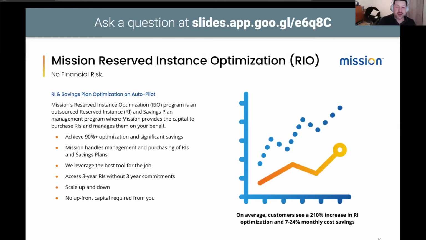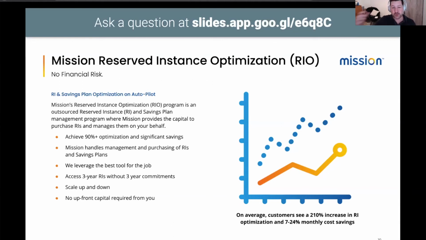Yeah, and the other thing I'll note is a lot of it comes down to risk and commitment and cost, right? So most customers that we encounter are doing 1 year commitments, and usually no upfront. And why are they doing that? Well, they want to preserve their cash and they want to reduce their risk, but you're getting a significantly lower percentage of savings. Now, what we can do, because we have such scale, is that on the back end we are able to move RIs around and sell them through an internal marketplace to other customers, but we do it all automatically on the back end.